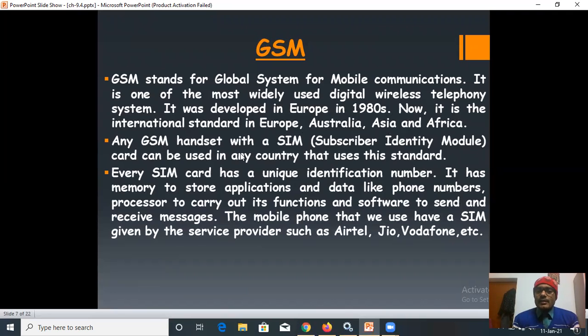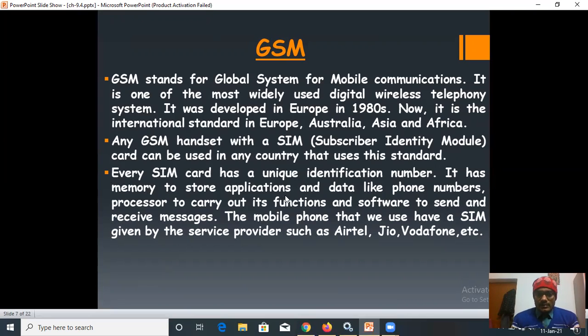Any GSM handset with a SIM, full form of SIM is subscriber identity module. So any GSM handset with a SIM card can be used in any country. A SIM card can be inserted in that GSM technology mobile, and it can be used in any country. Okay. Now, next point, every SIM card has a unique identification number. As you are familiar with the SIM card, it has a unique identification number, and it has memory to store applications.